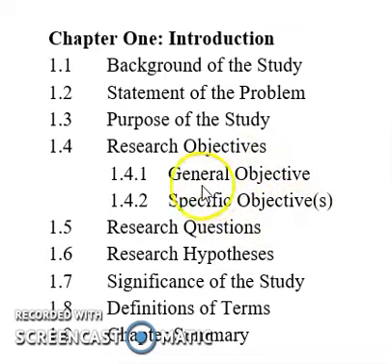So the general objective is summarizing all your objective into one sentence, and it is usually almost similar to your title. So general objective should mention about the study population and also the study area. So usually for FYP, I would say that 2 or 3 specific objectives should be adequate.